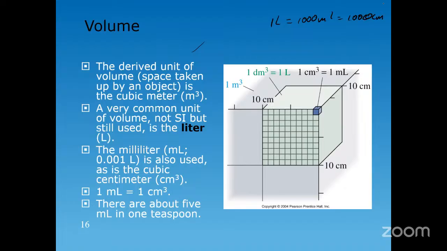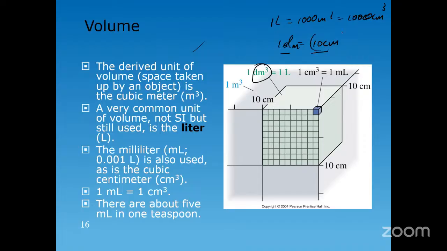And then there's another relationship that we can write down with respect to this unit here, decimeters cubed, right? Basically, 1 decimeter is equal to 10 centimeters, all right? That's a relationship between the decimeter unit and the centimeter unit.